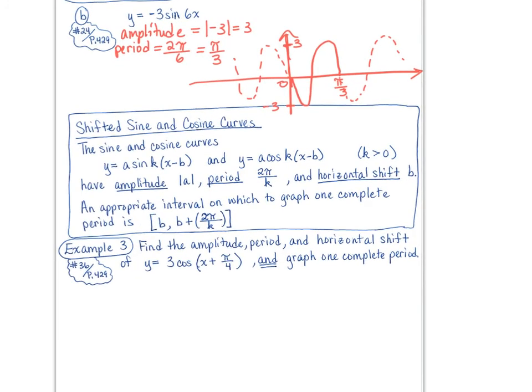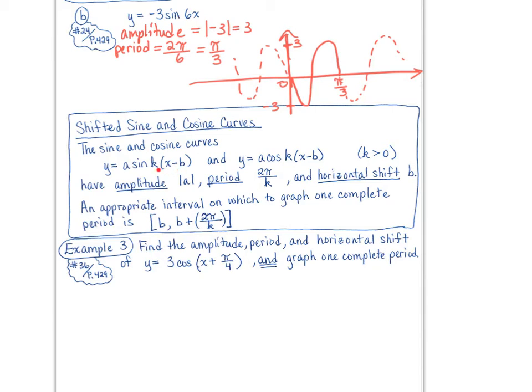The sine and cosine curves y equals a sine of k times the quantity x minus b, and y equals a times cosine of k times the quantity x minus b, where k is greater than 0, have amplitude, the absolute value of a, the absolute value of the number out front, and period 2 pi divided by k. Notice here the way I've given you these functions, k is factored out.